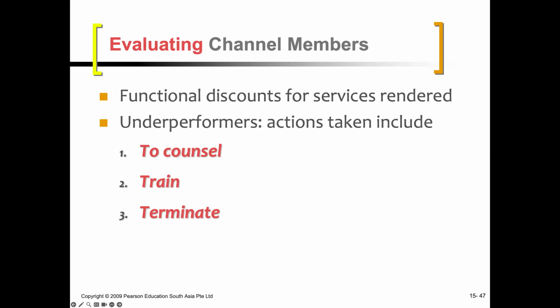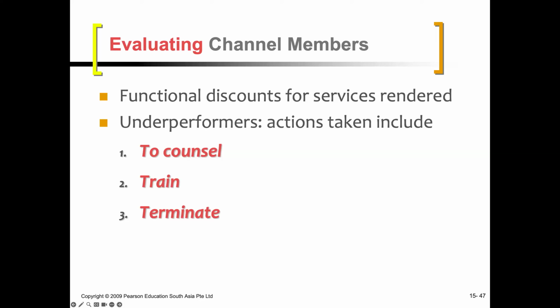For those intermediaries who are underperforming, a few actions you can take include consulting them: sit down with them, ask what's wrong, and find out the problem. From the problems, you might be able to offer training programs or retrain them further, beyond your regular training programs.